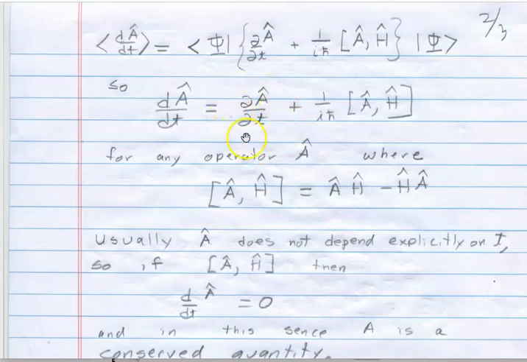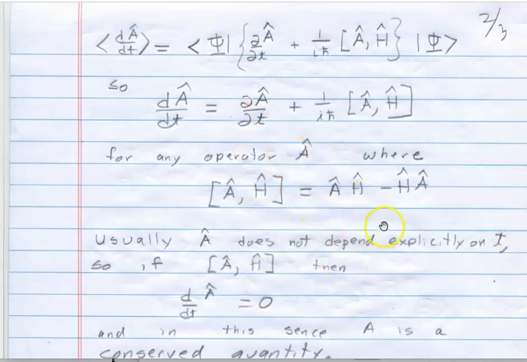Usually the quantum operators themselves do not explicitly depend on t. That's not always true, but it is often true. And for us, I don't think we'll encounter any in which it's not true in this class anyway. As a result, if A doesn't explicitly depend on time, this first term goes out.